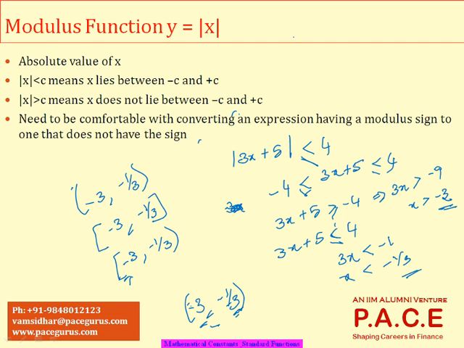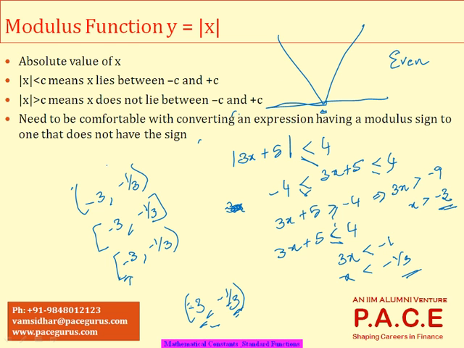And for mod x, the graph will typically be a V shape. Again, it's symmetrical about the y-axis. This is 0. Symmetrical about the y-axis means it's an even function, as we have discussed earlier, right? And also it can never be negative, because we are only bothered about the absolute value of x.